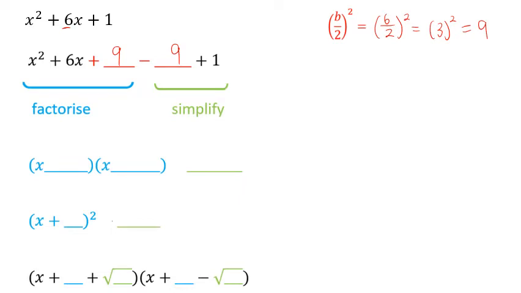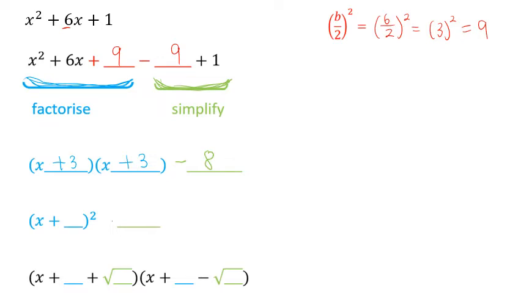Next, I need to factorise this first section here. So I'm thinking of two numbers that multiply to 9 and add to 6. So 3 and 3. And then I need to simplify the last section here, which just means negative 9 plus 1, which is negative 8.